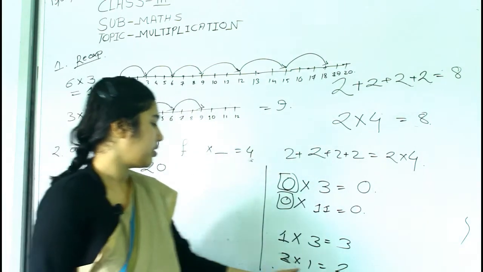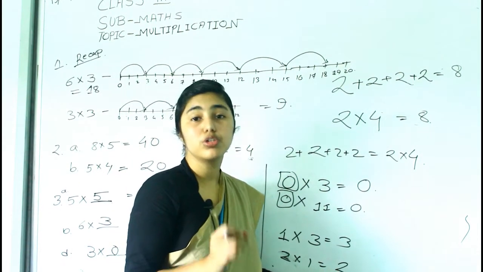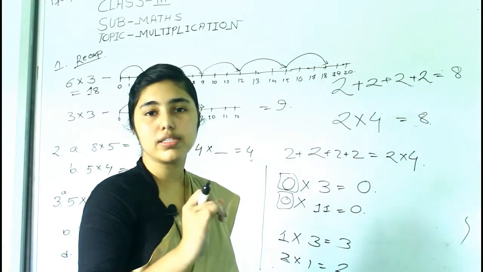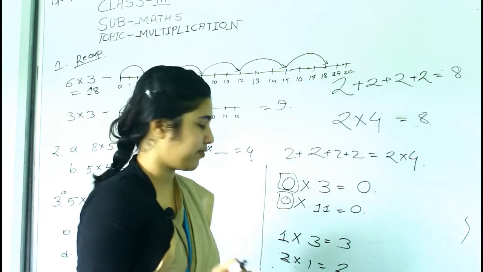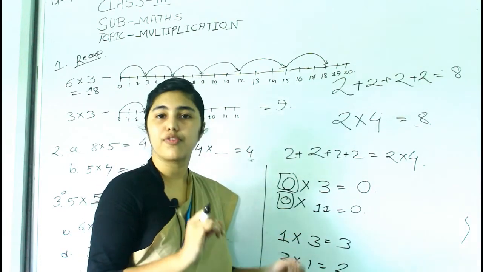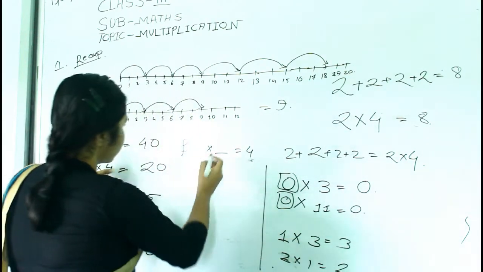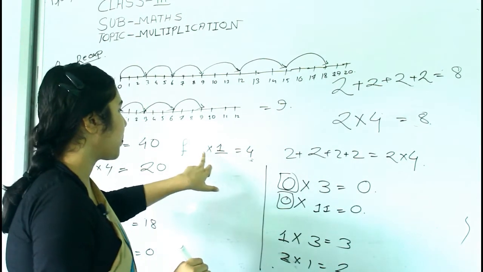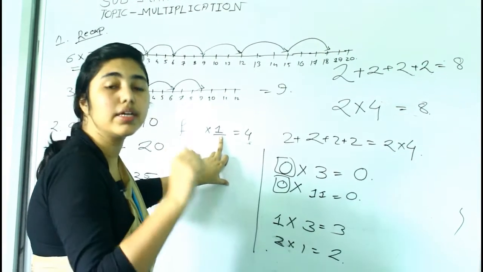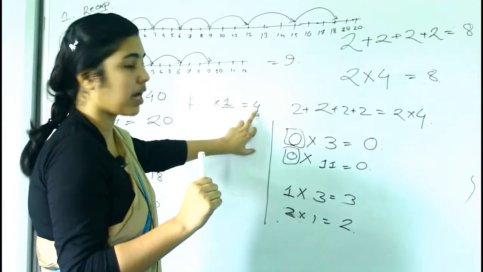That's why remember the table of 2. 2 ones are 2 itself. 3 ones are 3 itself. Same, 5 ones are 5 itself. So write here 1, because only if we multiply any number with 1, then we will get the number itself.